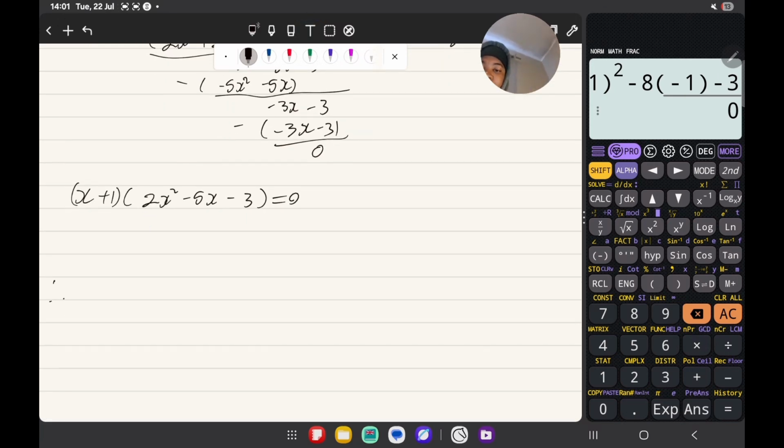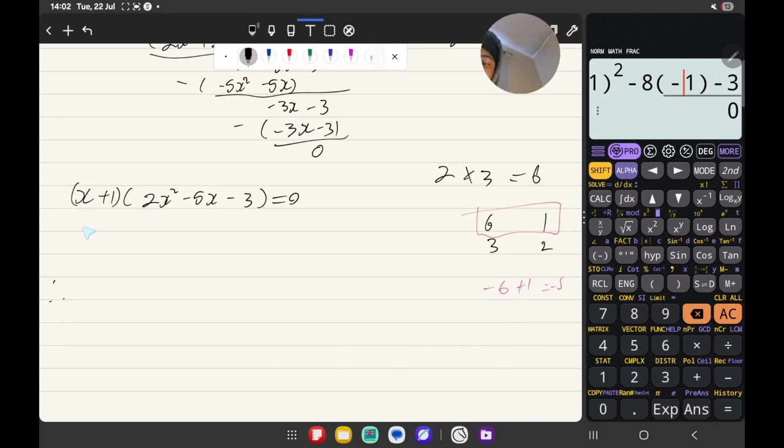Then here you can do that factorization. You multiply 2 by 3, you get 6. Factors of 6, that is 6 and 1, 2 and 3, and this pair can give us these values, because then minus 6 plus 1 equals minus 5.